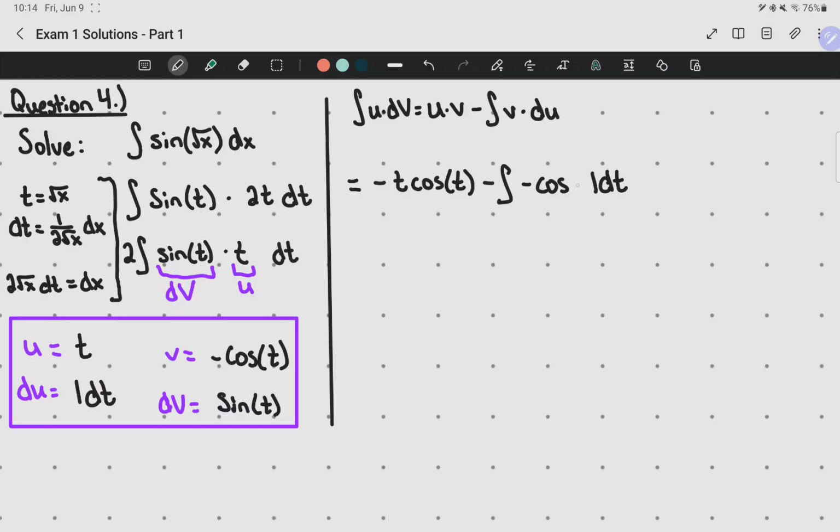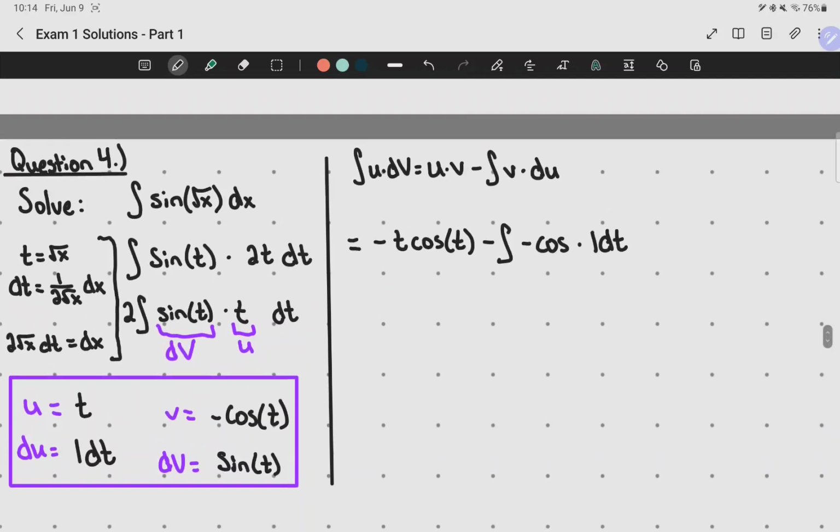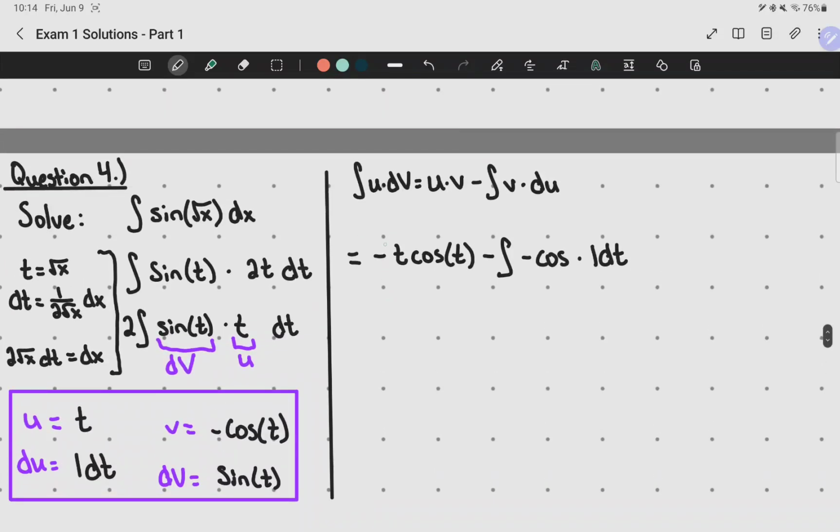Well, 1 dt if you want to be specific. What will happen here, we're going to clean this up a little bit, so I'm going to cancel out these two negatives right here.